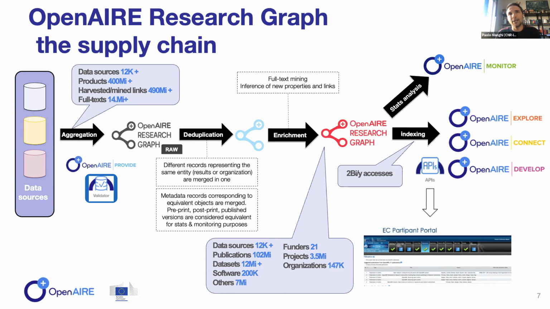And we also do propagation, which is not indicated here, but the principle is quite simple. When you have such a graph, you can propagate context from one object to another. Okay, so if I have a publication with a supplemented-by relationship to a dataset, I can propagate what belongs to the publication to the dataset.